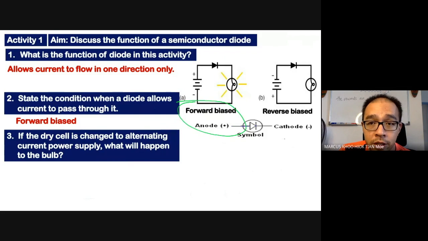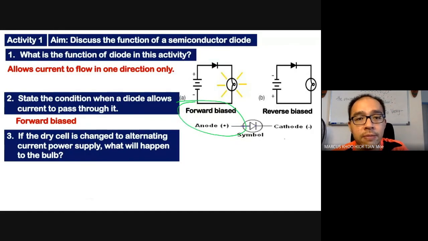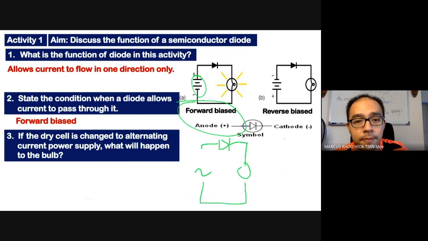Now, if the dry cell is changed to an alternating current power supply, what will happen to the bulb? Anybody want to guess? If I change these batteries to an alternating current power supply, what's going to happen to this bulb? Anybody want to guess?